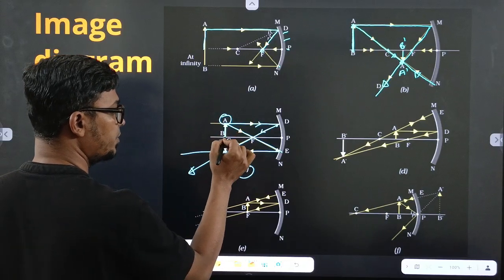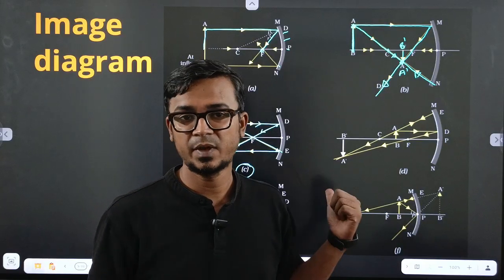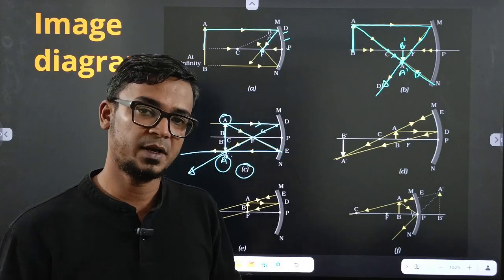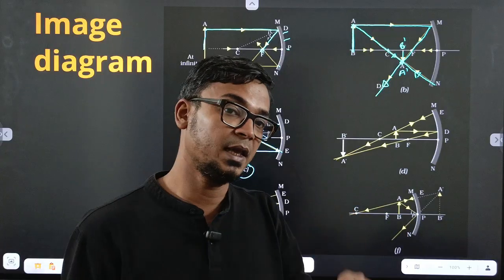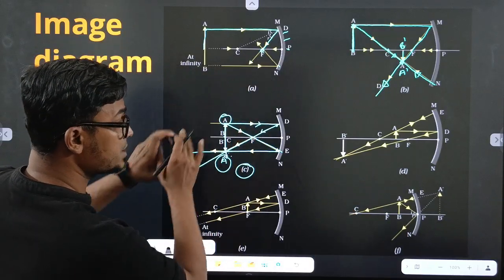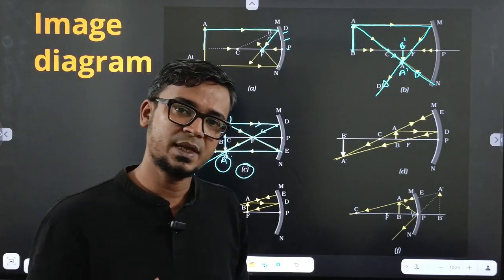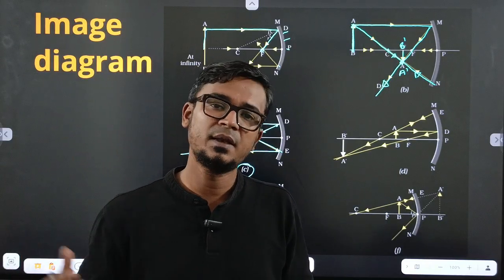The magnification for this image will be 1, but inverted, and definitely a real image, because this image is on the same side as the incident ray of light. Here the magnification, we will discuss in the next video.